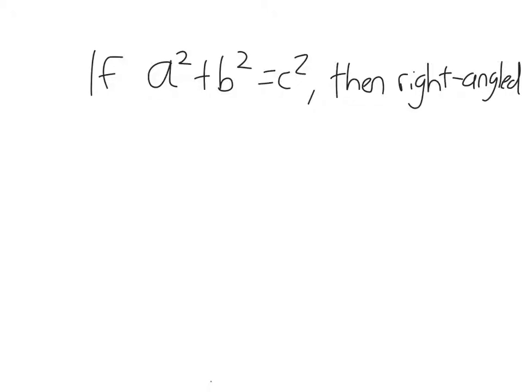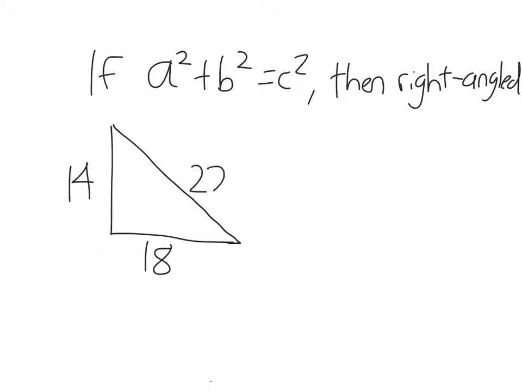So how could I apply this? Well, let's look at a question. Let's just say I draw a random triangle like this, and I say the side lengths are, let's say, 14, 18, and 22. So you might be tempted to look at it and say, oh, okay, clearly that is right angled. But you can't just look at it and assume. What we have to do is check whether or not Pythagoras theorem holds.